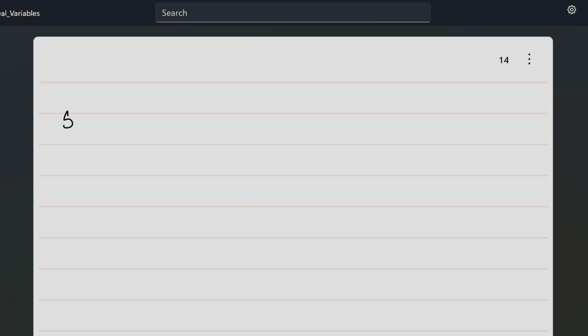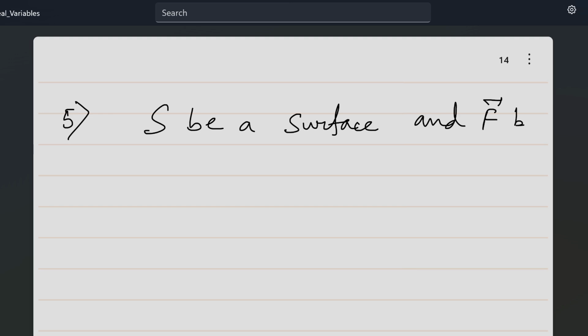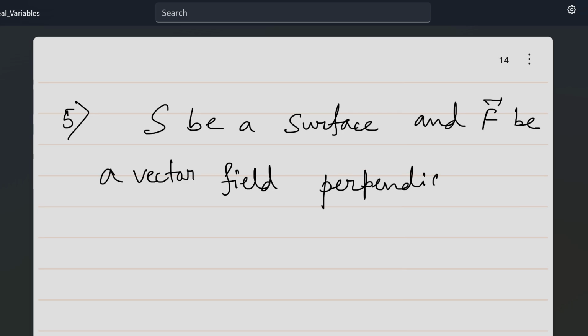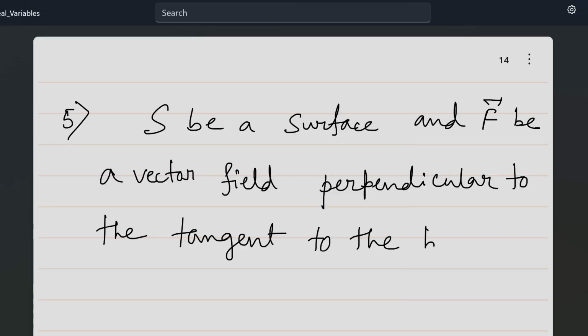Question number 5. S be a surface and F be a vector field perpendicular to the tangent to the boundary of S. So tell me what you visualize.